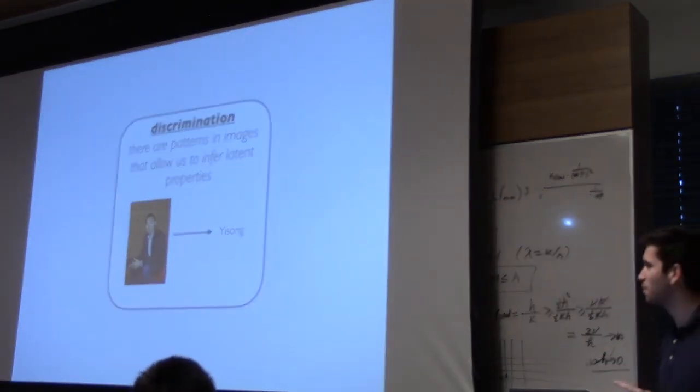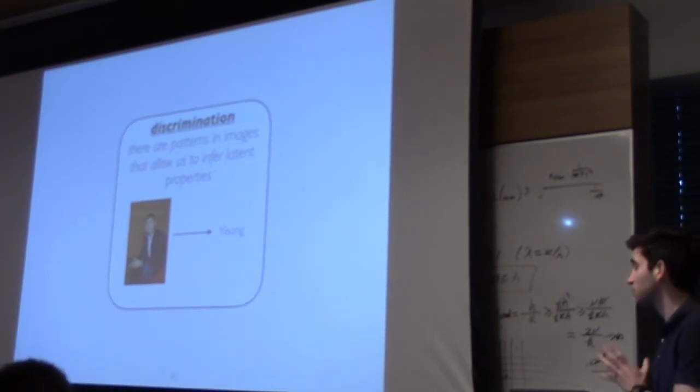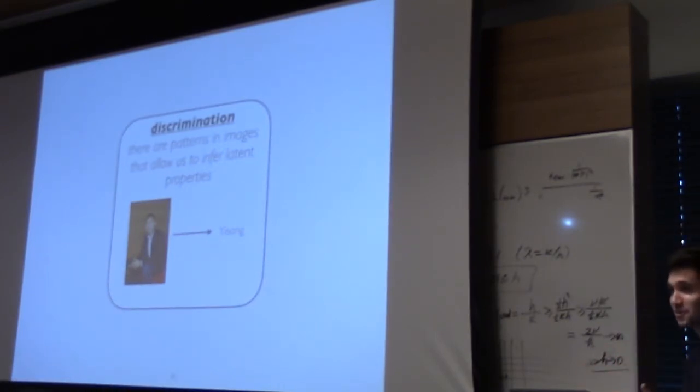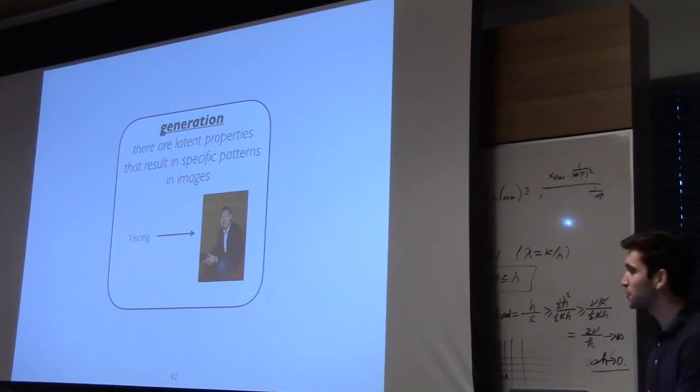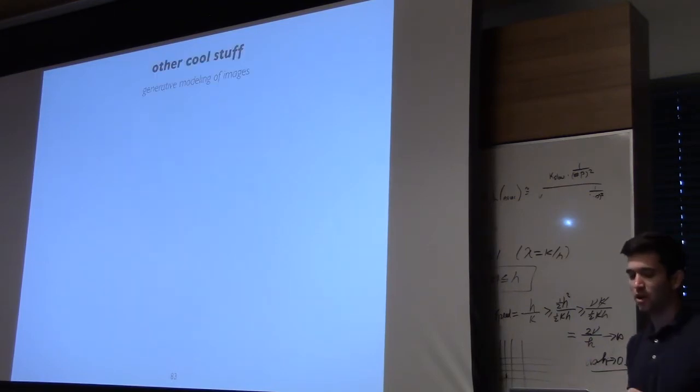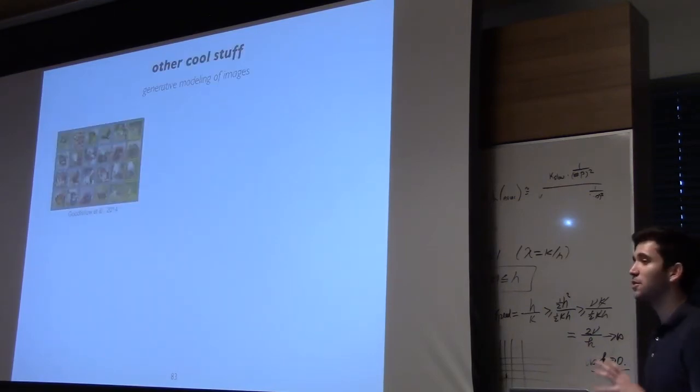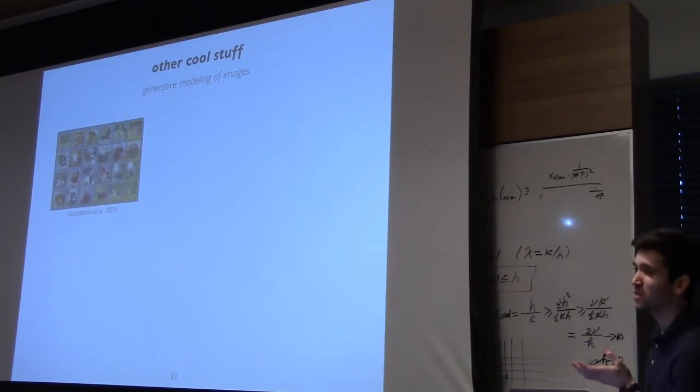So we talked only about discrimination, really. But there's also generation. We didn't even really mention this side of the equation at all, but people are starting to apply convolutional neural networks for generation as well. Some of the early stuff with image generation does not look very good.